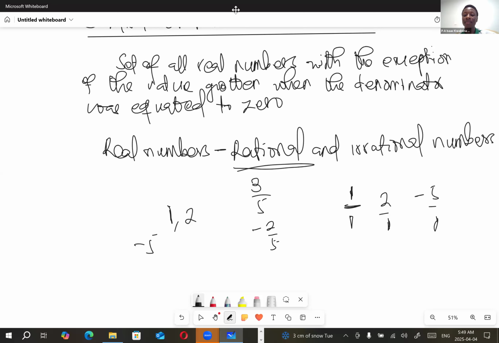So you can see that whether it's negative or positive whole numbers, it's a rational number because it can be written in a fractional form. Have you seen it?